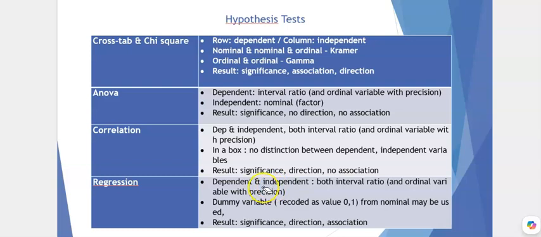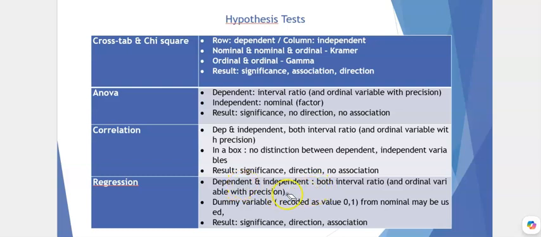For instance, the independent variable can be your impulsive shopping, the impulsivity of your shopping style, and the dependent variable can be the amount of what you spent, the amount of your purchase.